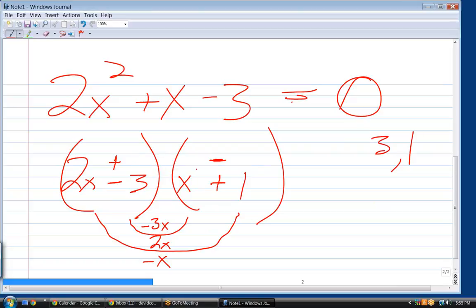It's either 3 and 1, 1 and 3, 3 and 1, or 1 and 3. Well, the moment we try the first one, it eliminates one of the others.